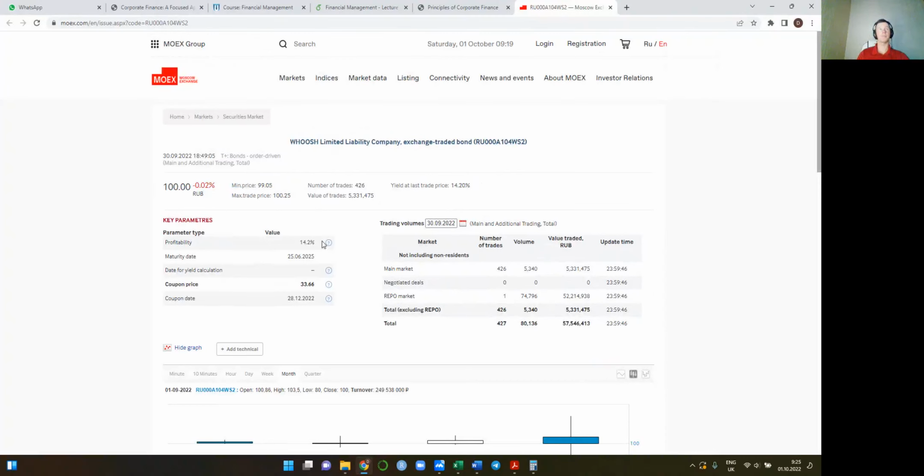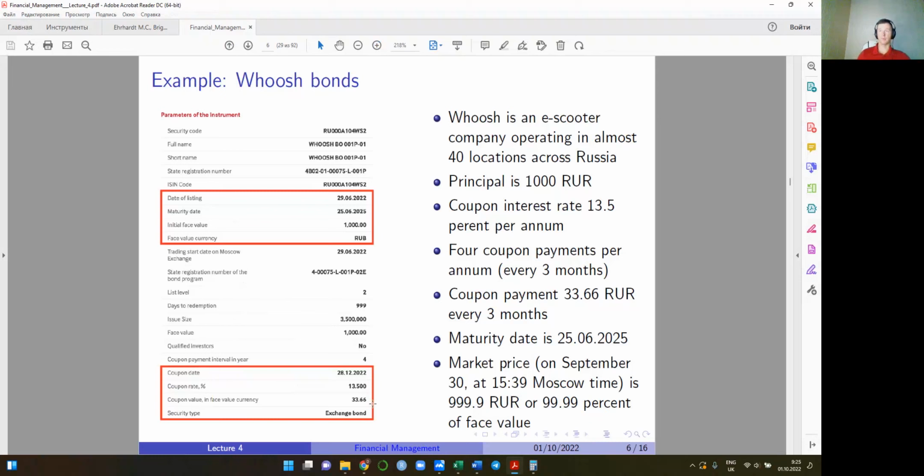So we have found a particular financial asset. Now the question is, how should we make a decision? Should we buy this bond or not? And more important, if we buy, how much are we ready to pay for this bond?